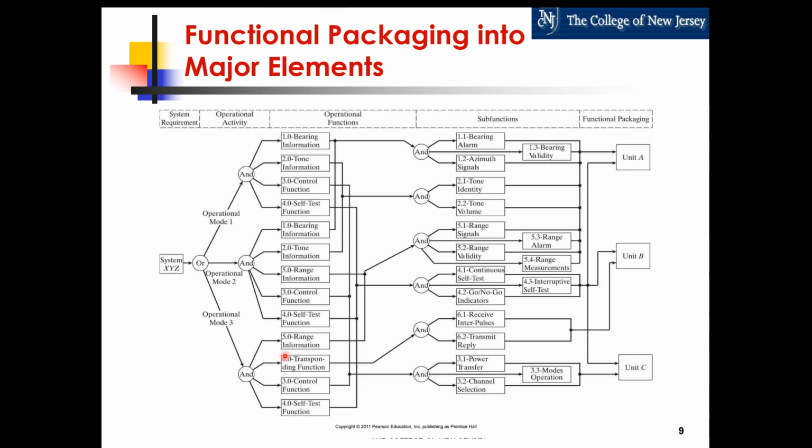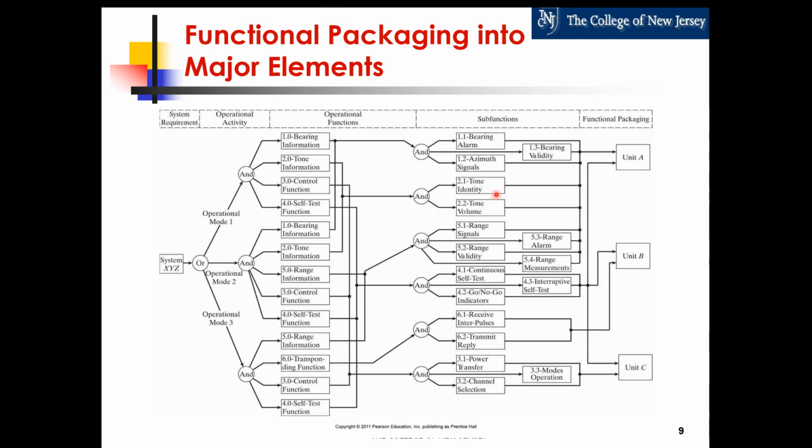And then you start looking at the sub-functions as appropriate. So let's say that the bearing information needs to have a bearing alarm functionality, again, whatever that is, and azimuth signals identification or processing, and needs to identify or verify the bearing validity.